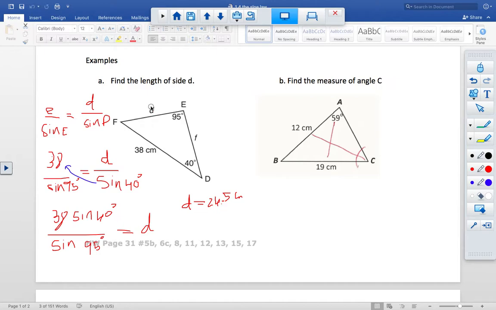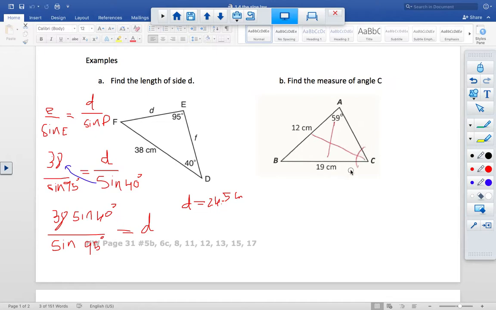Now, question B is telling you to find the measure of angle C. As you can see here, I have angle A, which is 59 degrees, and its opposite side, which is side A. I have side C, but I don't have angle C. So I'm looking for an angle.